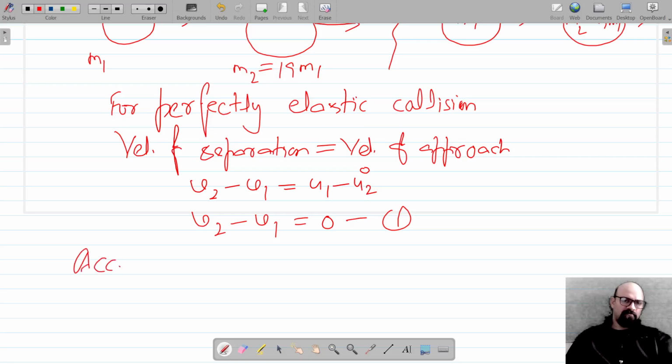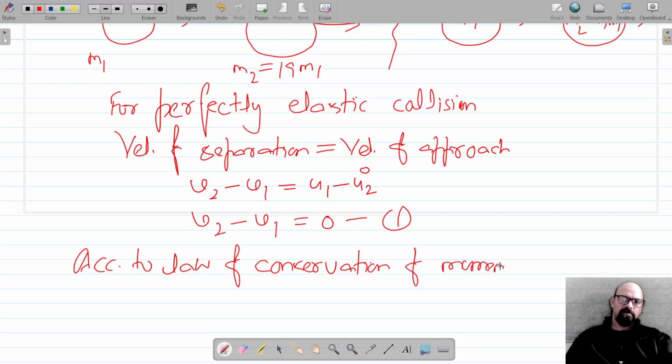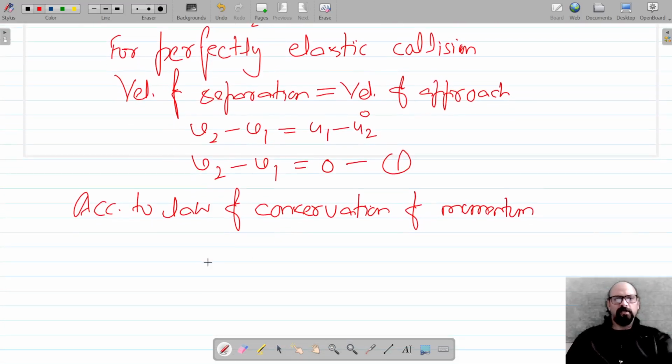And to get the second equation, to get v2 in terms of u1, we are going to use the law of conservation of momentum. According to the law of conservation of momentum, the initial momentum of the system, m1 u1 plus m2 u2, should be equal to m1 v1 plus m2 v2.